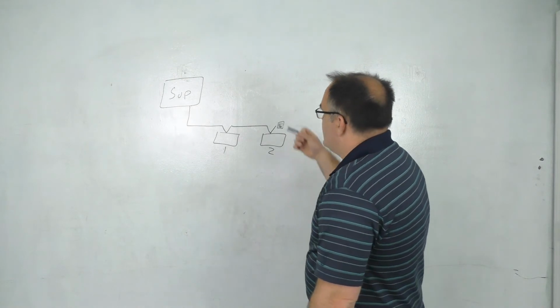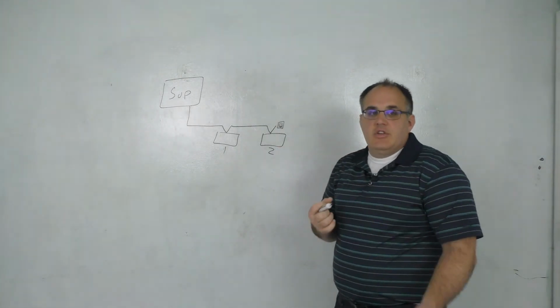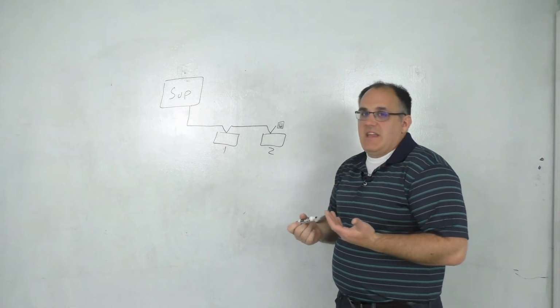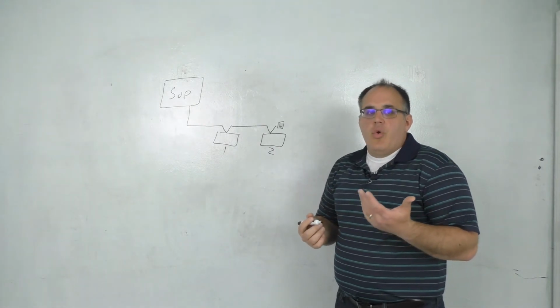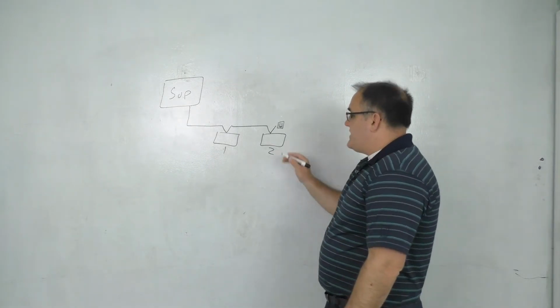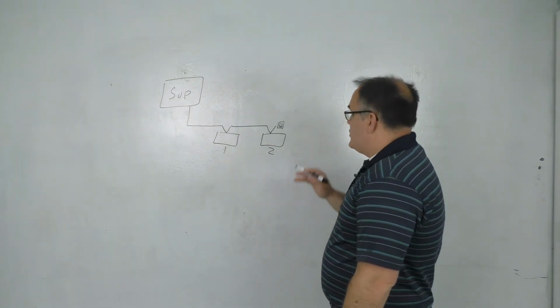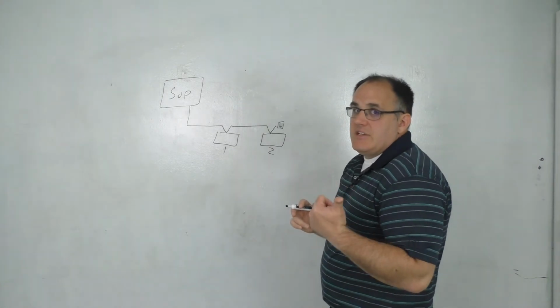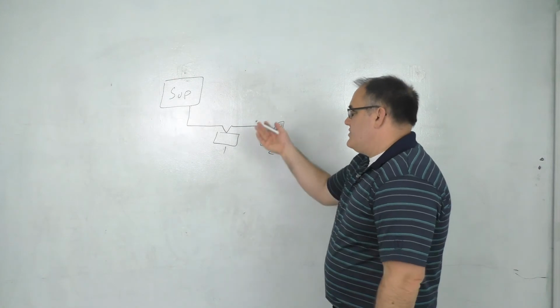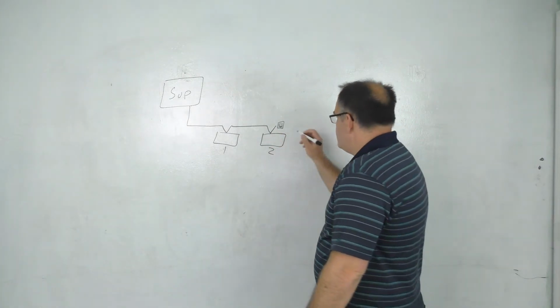Well, the first thing you need to do is understand the baud rate. You need to understand what the baud rate is and what the MAC addresses are that exist right now. Once you have that information, you also need to know the device IDs of the controllers. So you'll have 3 points: your MAC address, your baud rate, and your device ID, and technically your network ID as well.